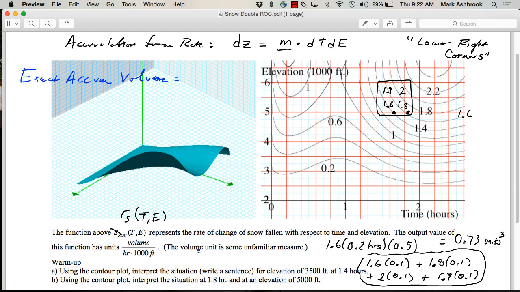Yeah, just use R sub s. Based on R sub s, it can be two integrals, right? Two integrals, R sub s of t, e, dt, dE, where t goes from 1.6 to 2, and E was 5 to 6. So that would represent the exact accumulation of the volume of snow that we estimated at 0.73 units cubed.